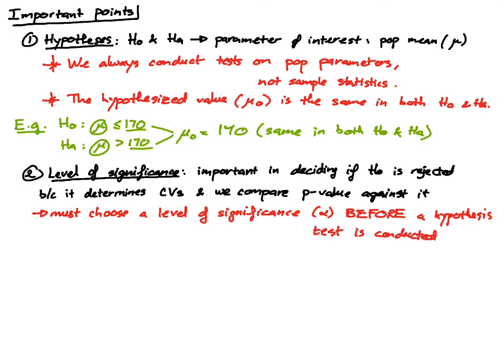You cannot calculate the test statistic, find the p-value, and then go back and choose the level of significance, right? Doing that is like knowing the result of a game and then trying to go back in time to bet on that game. You cannot have the cake and eat it too, if you will.